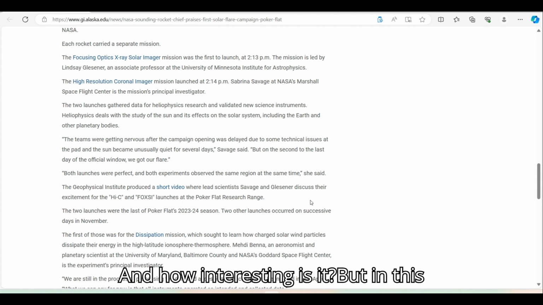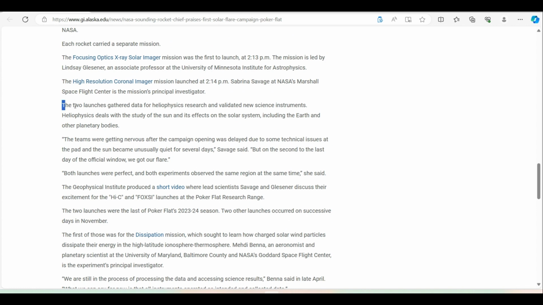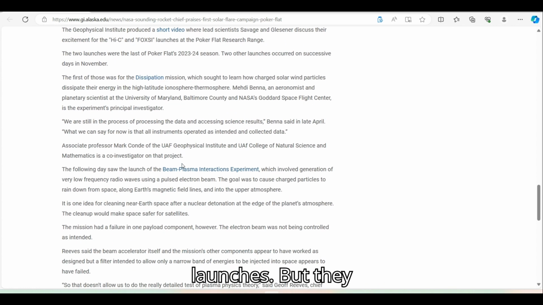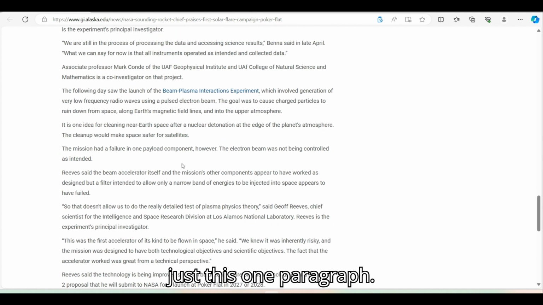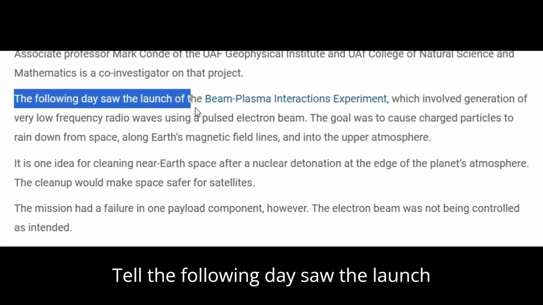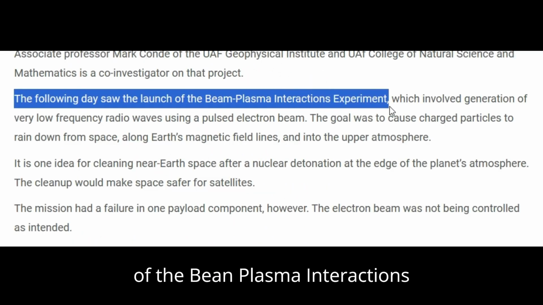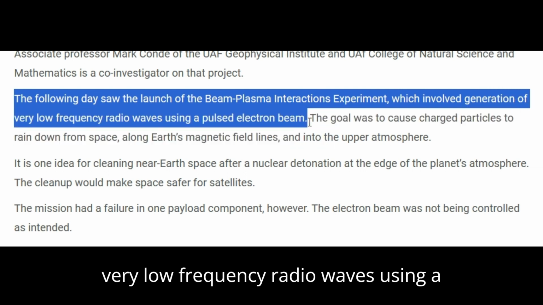And how interesting is it that in this article they talk about the two launches, but they don't really mention too much aside from just this one paragraph. It says the day saw the launch of the beam/plasma interactions experiment, which involved generation of very low frequency radio waves using a pulsed electron beam.